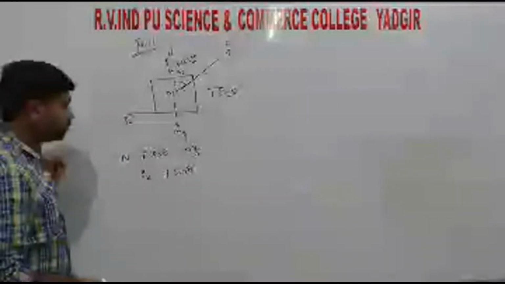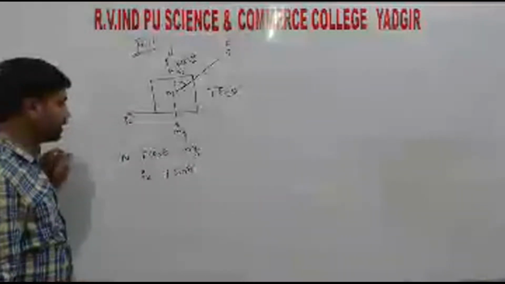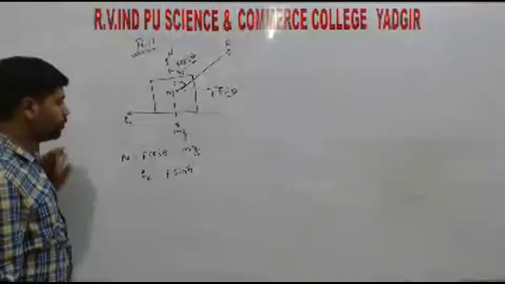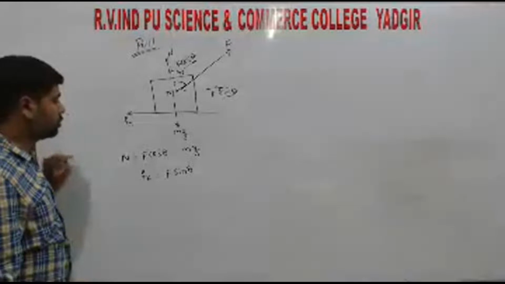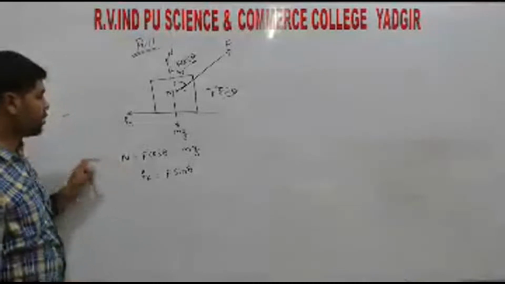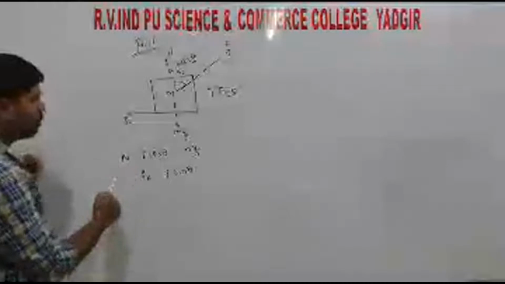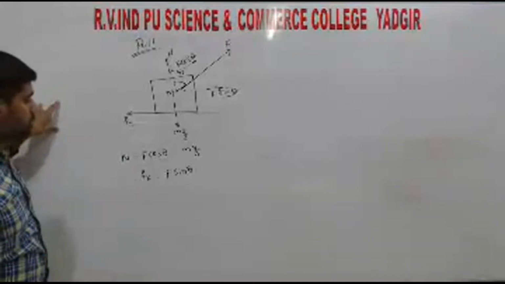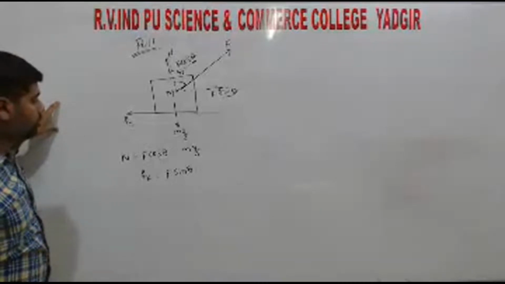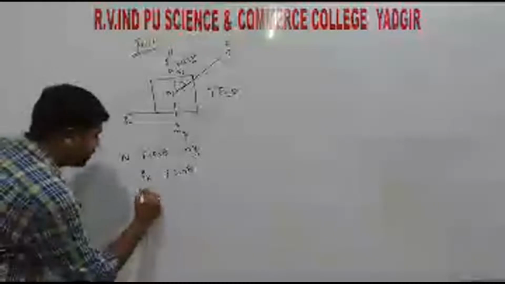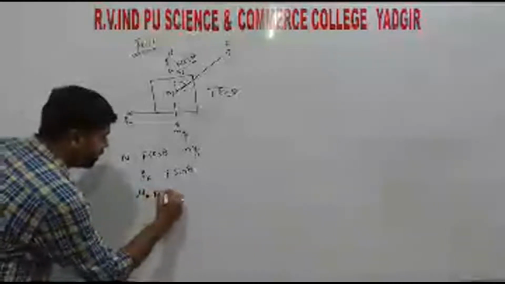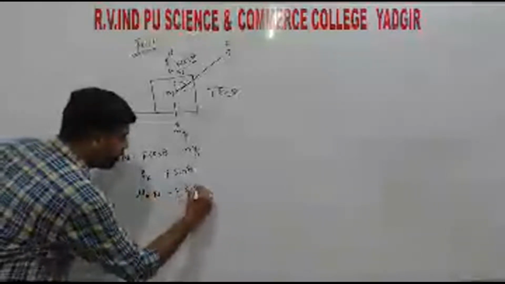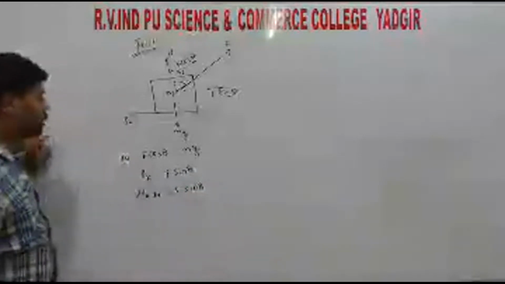So from this, what can we rearrange? Again, n is equal to mg, right? Okay, we can write this as mu k n is equal to F sin theta.